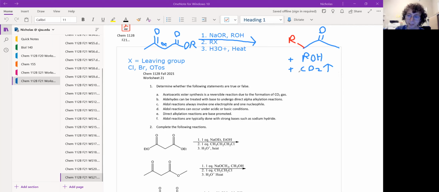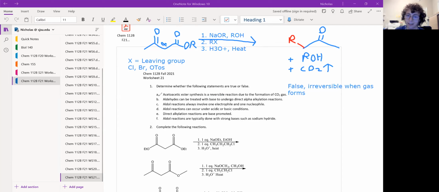They're not going to come back. And if the product is gone, then there's no way to go backwards to what you started with. So it's an irreversible reaction. You can't go backwards. This is saying it's reversible, so it's false. If a gas forms, it's always going to be irreversible.